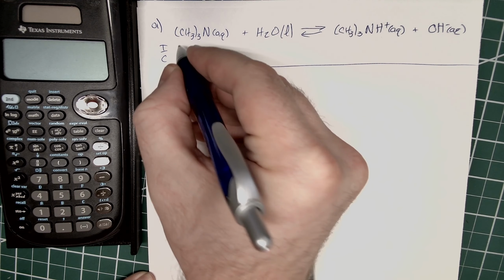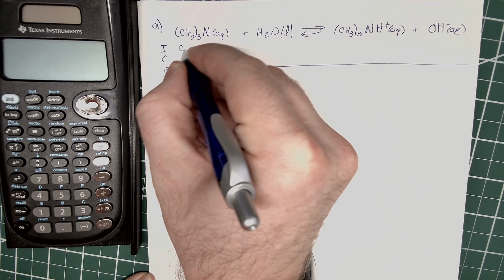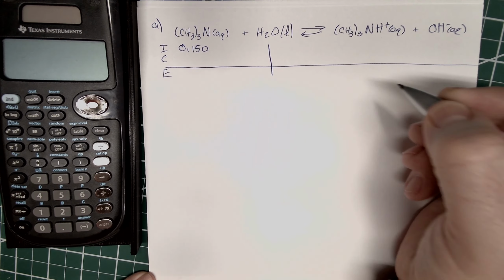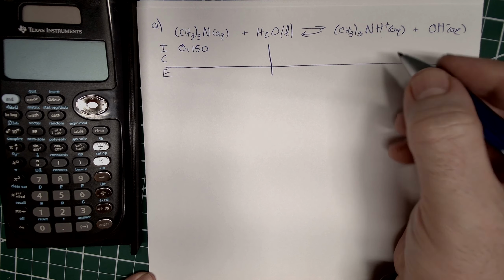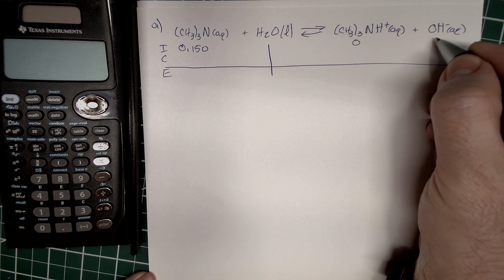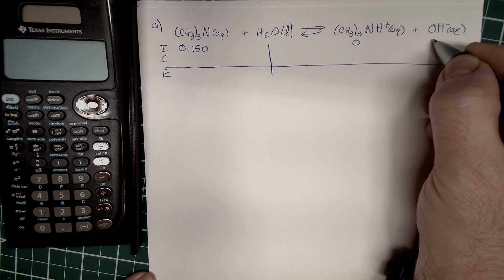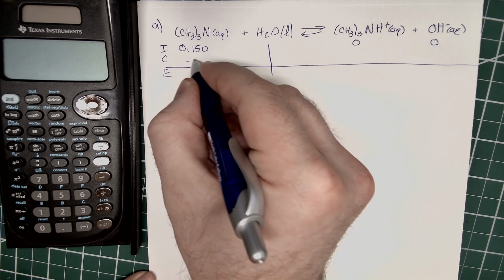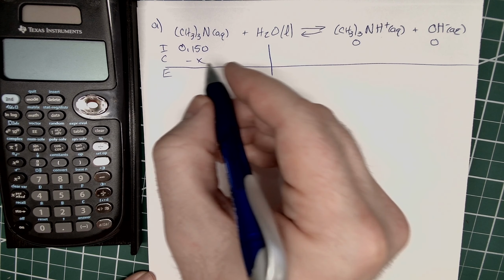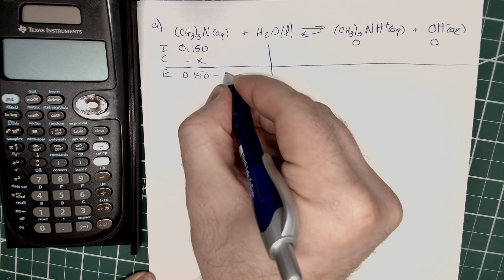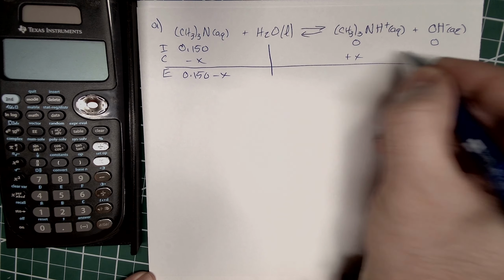Our initial concentration of the trimethylamine is 0.150 molar. Water we're going to ignore because water is the solvent. The trimethylammonium we'll put at 0. And then here for hydroxide, we're going to put that at 0 as well. This will dissociate by some amount, which we will indicate with X, 0.150 minus X, and these will be plus X.